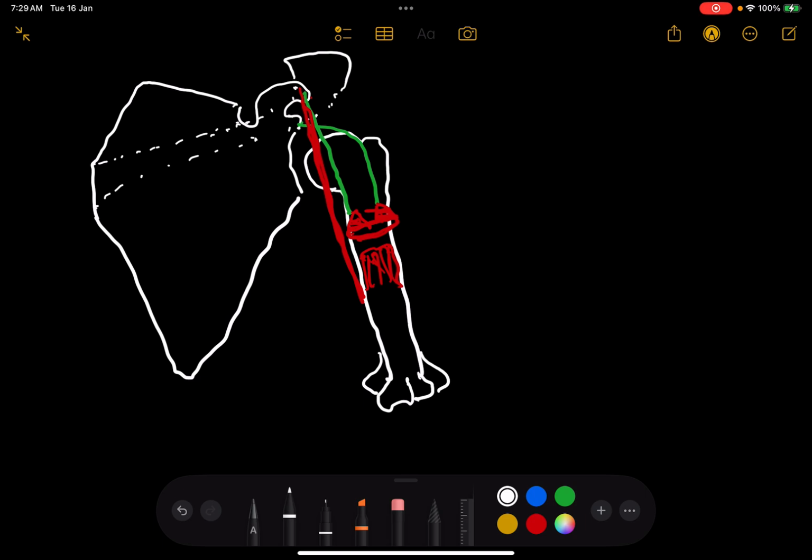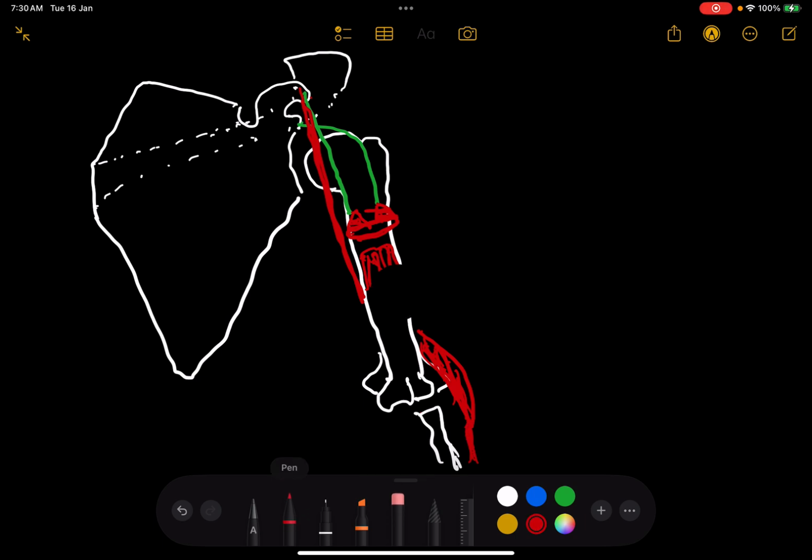And from this lateral epicondyle arises the brachioradialis muscle, from the supracondylar ridge and lateral epicondyle. And it goes and gets inserted into the radial styloid.